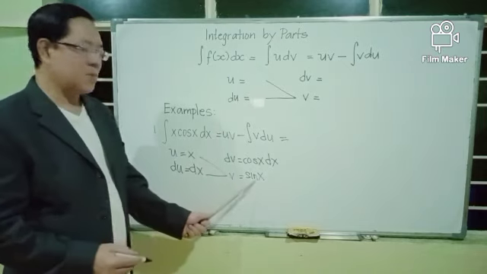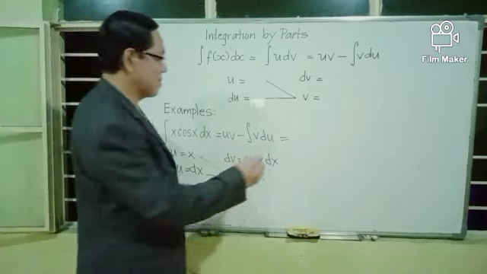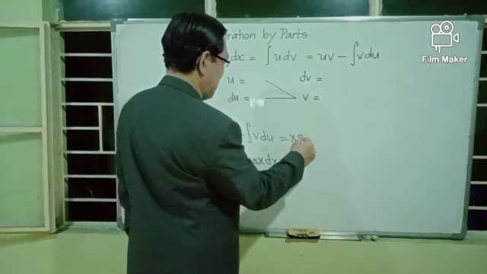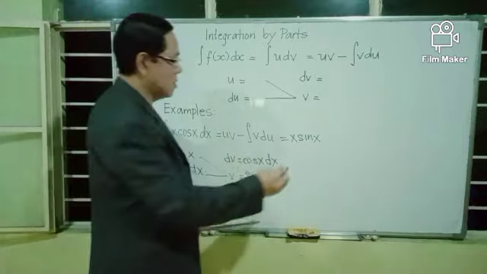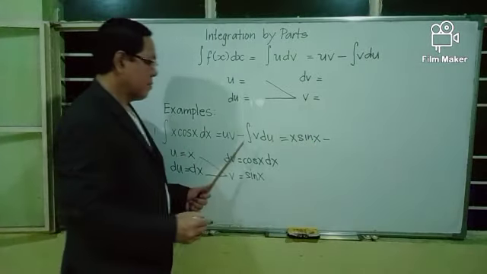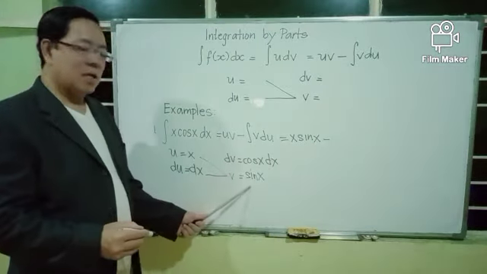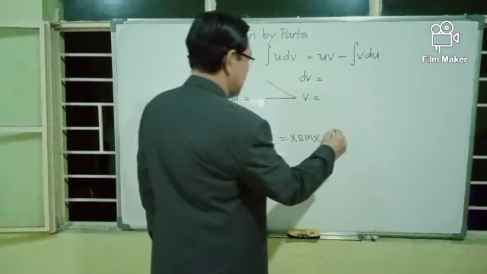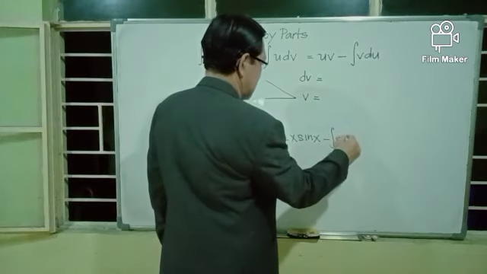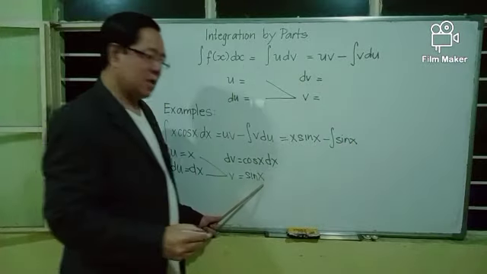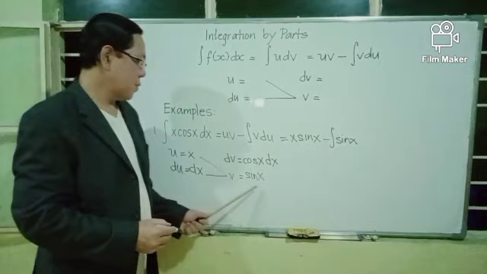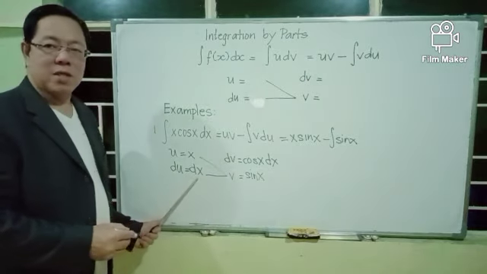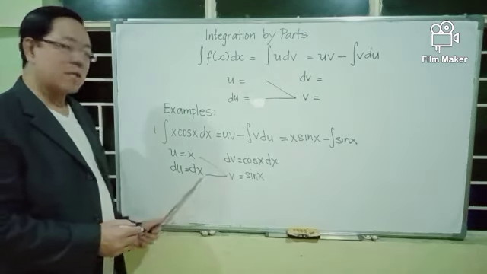We have x multiplied by sine x, minus the integral of v, which is sine x, multiplied by du. Sine x multiplied by du, which is dx. You get sine x dx.